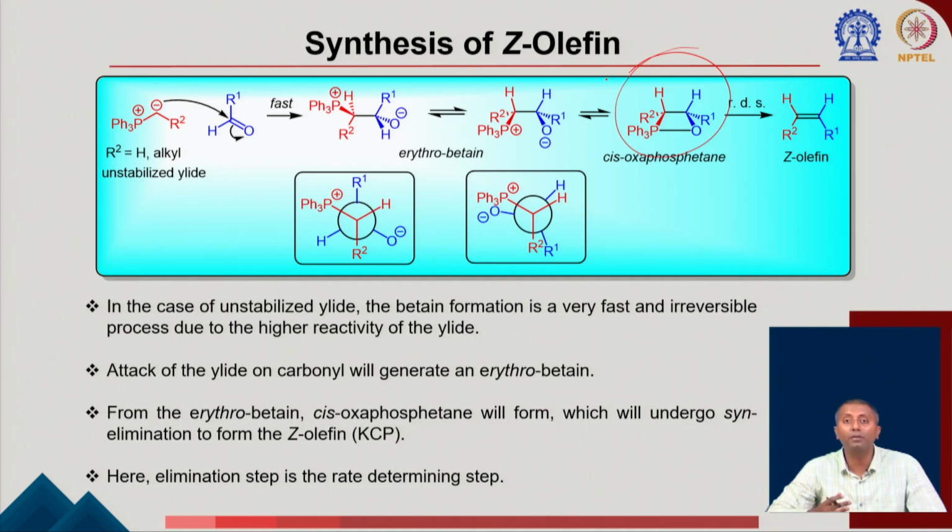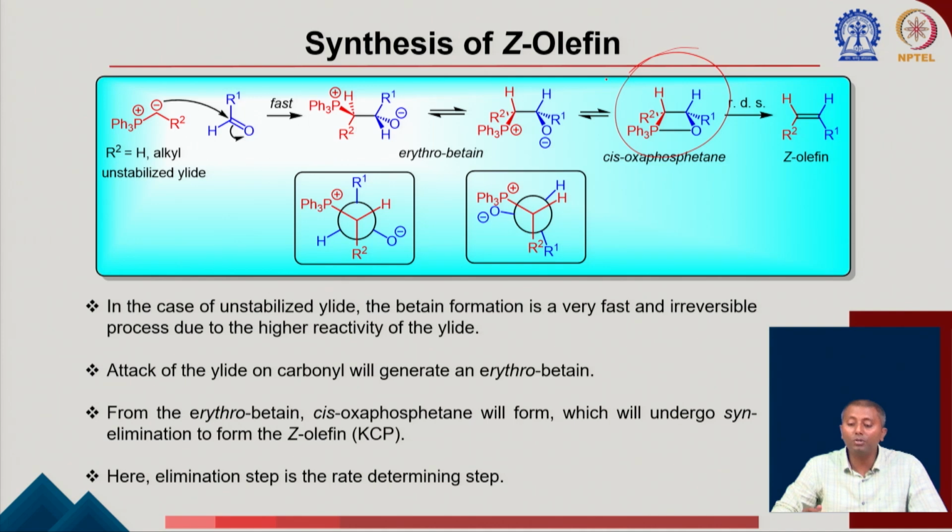Now depending on the size of these R2 and R1 groups, and also, the most important thing, depending on the stability of the ylide, these two reversible steps can be controlled.